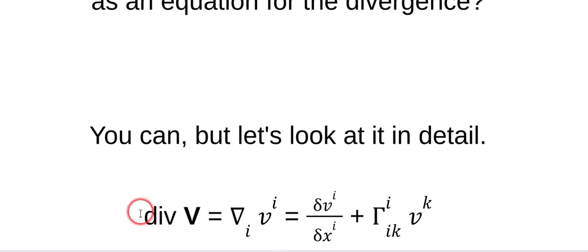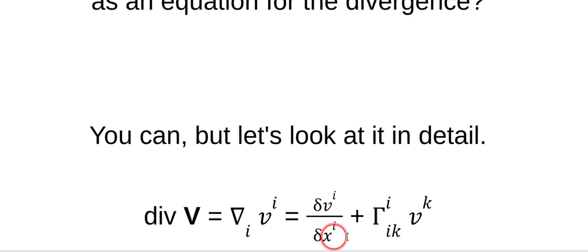Okay, so the divergence of a vector is equal to the covariant derivative of the vector components. Now, we want to expand this, so we're taking the covariant derivative of v^i, with i in the contravariant position. You start out by always taking the partial derivative of that component with respect to the coordinate.